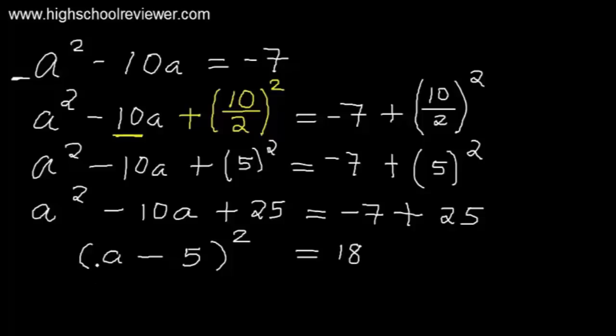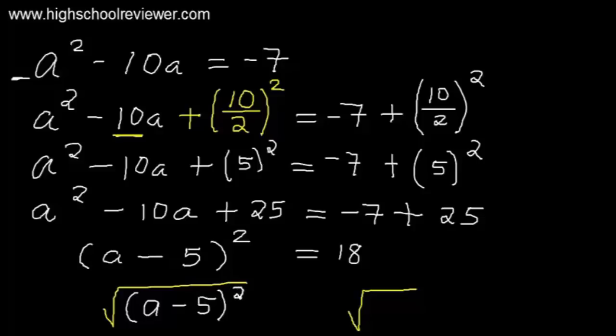Okay, so to get rid of the square, we need to get the square root of both sides. So we will have here the square root on the left and the square root on the right. Okay, so we are going to have here the square root of the quantity a minus 5 raised to the power of 2 equals the square root of 18.